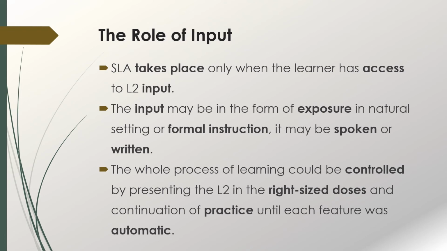Whenever you have formal instruction or exposure in a natural setting, you will have more input. And the whole process of learning could be controlled by presenting the second language in right-size doses and continuing practice until each feature was automatic.